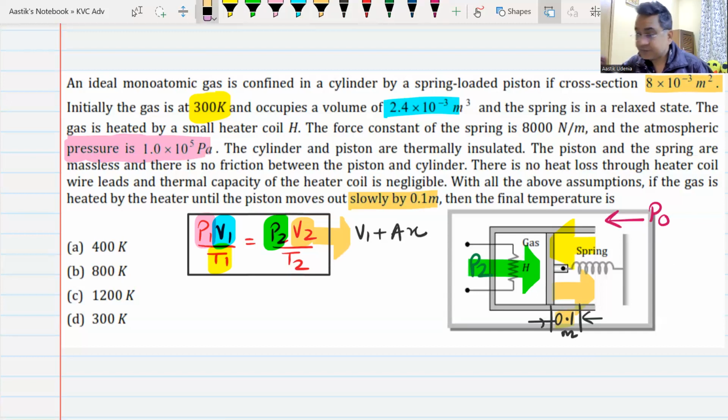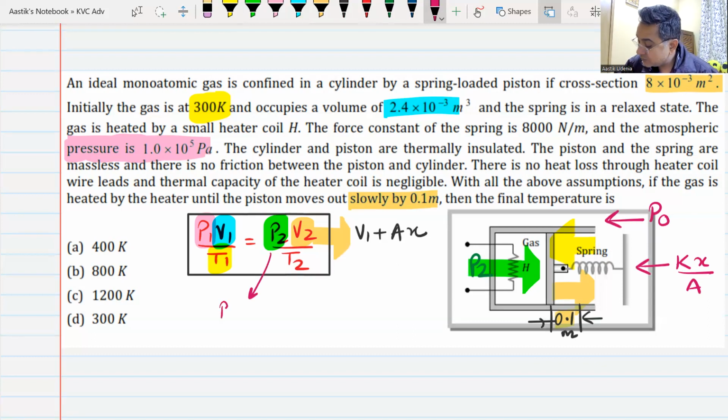Spring applies the pressure which is equal to kx divided by A. Kx is the force and A is the area. Do we understand this? So that is the answer.